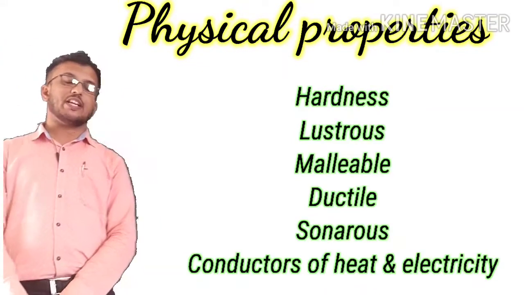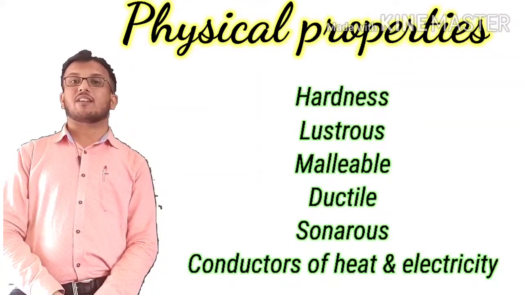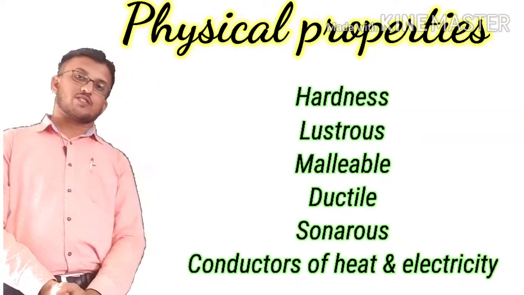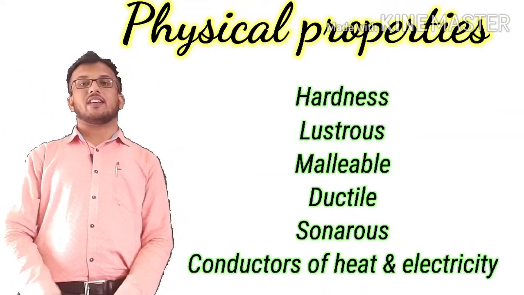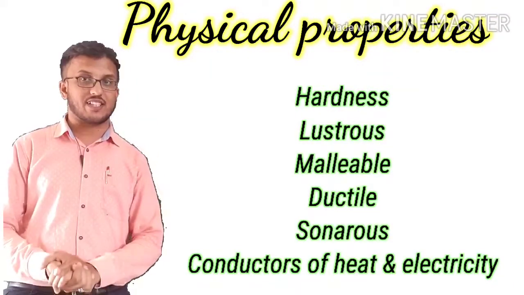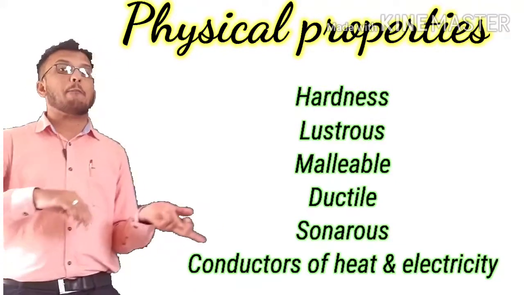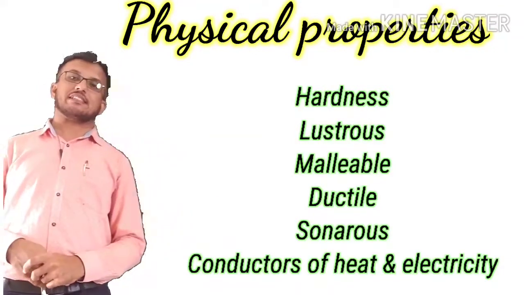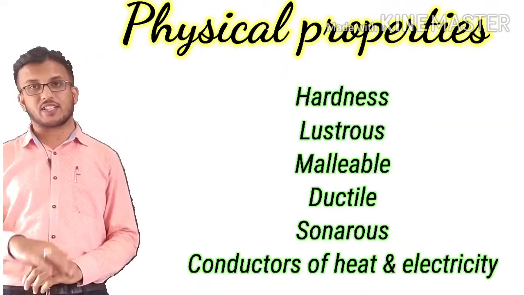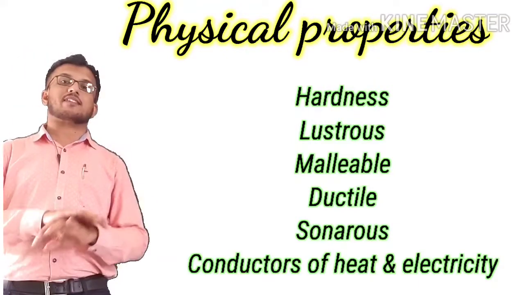The last physical property we are going to learn is that metals are good conductors of heat and electricity, whereas non-metals are bad conductors of heat and electricity. Partially, the non-metal graphite can conduct electricity, but other non-metals are bad conductors.